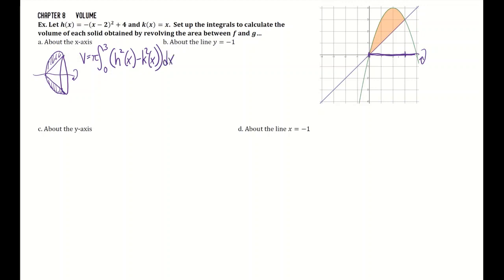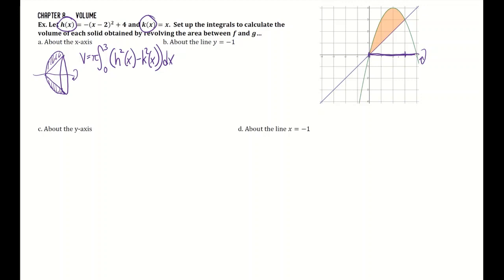And since we're just setting up the integrals, that's fine. Obviously, I would expect that you would know how to do the algebra and solve, but since we're just setting up for this problem, that's all you need to do. And notice that I didn't actually write down what h and k were. I am allowed to just leave it as h of x and k of x because it has been established that these equations exist. So if it's already been established that you have h and f or f and g or whatever, you can just use those. Save yourself some time and space.